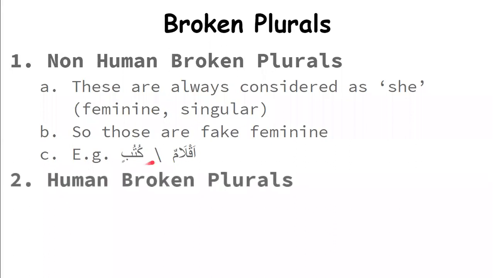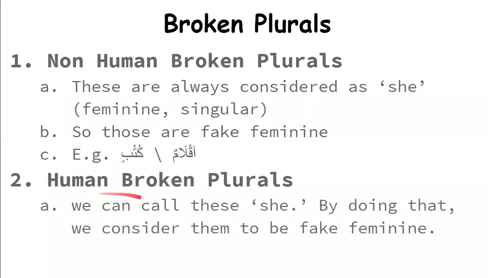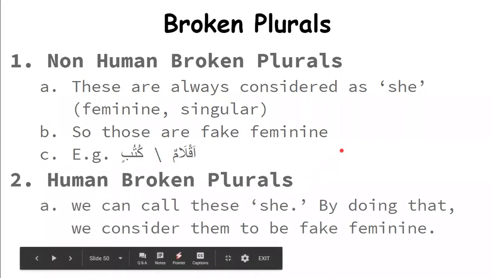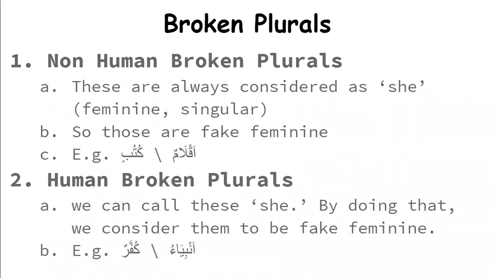These are non-human broken plurals. And human broken plural has a chance that we can use them as singular feminine also. Like anbiya, kuffar, those words we can use as feminine if we want to. But non-human broken plural is always and always used as feminine.